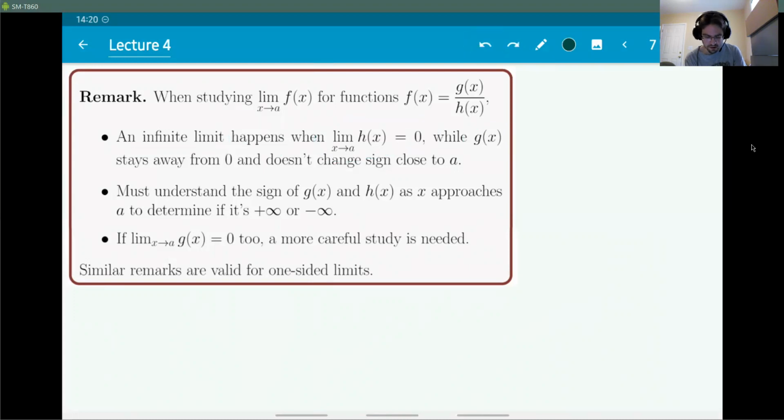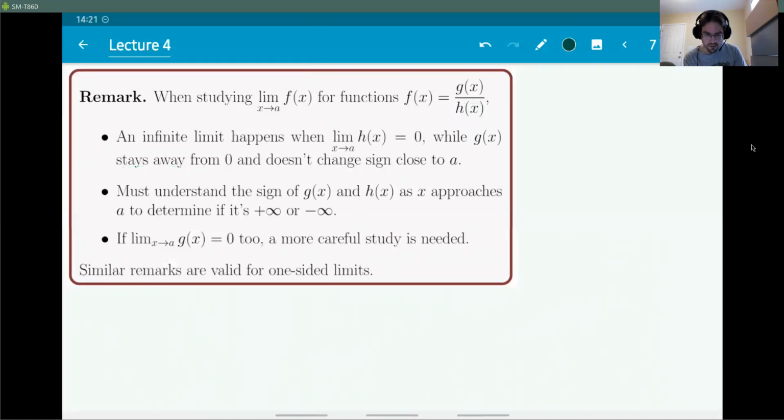We're saying it stays away from 0 and doesn't change sign close to the number a. That should be believable. If the function in the denominator is approaching 0, that means the fraction in size is very large because you're dividing by a number that's kind of small. And then as long as the top is also not small, then this will be growing in size, either plus or minus infinity. So that's why we have to say the numerator stays away from 0.